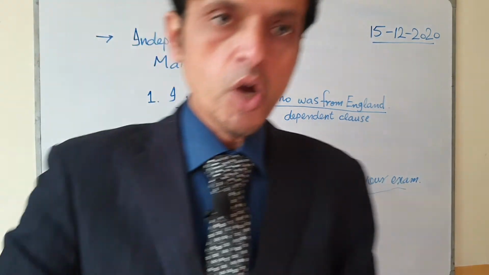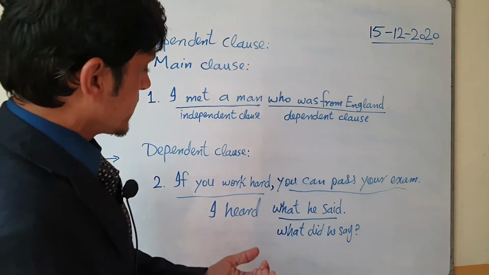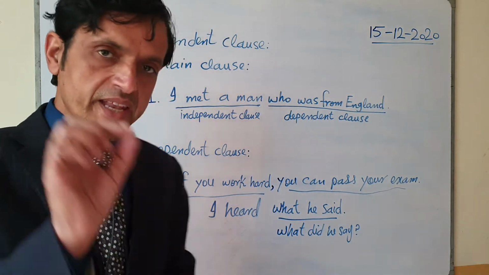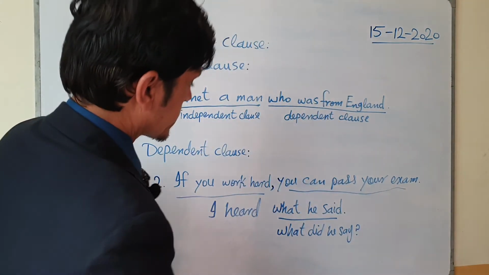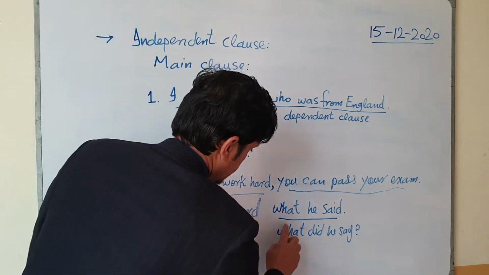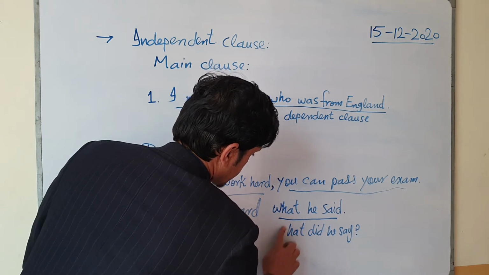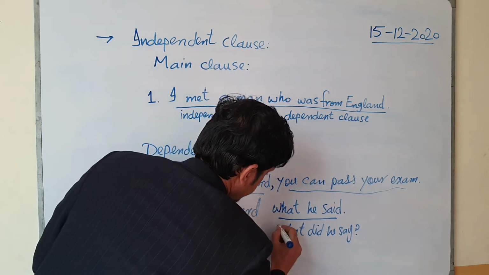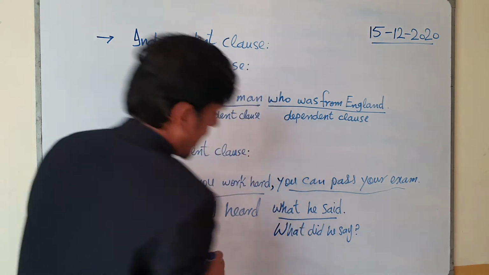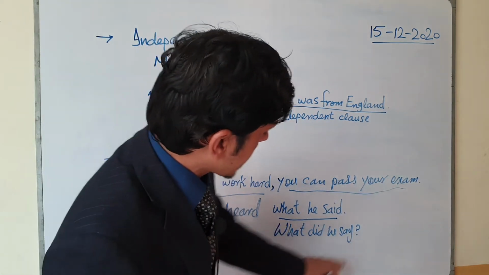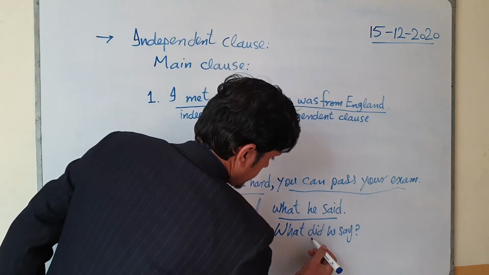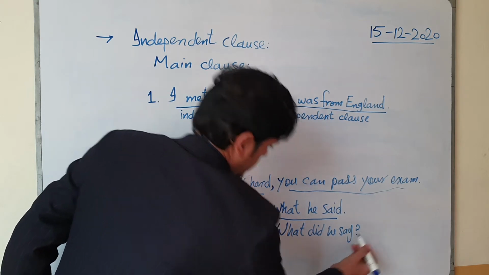I heard what he said. The meaning is clear. Now another important point. Look at this one: what did he say? Now we have put an auxiliary and a question mark.